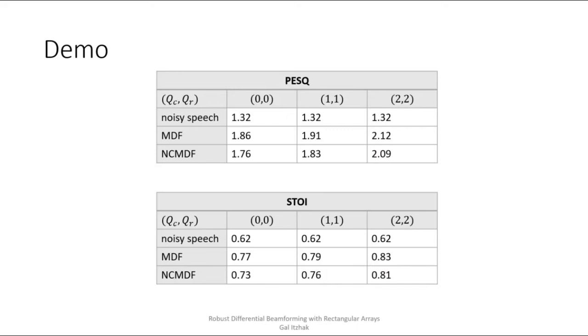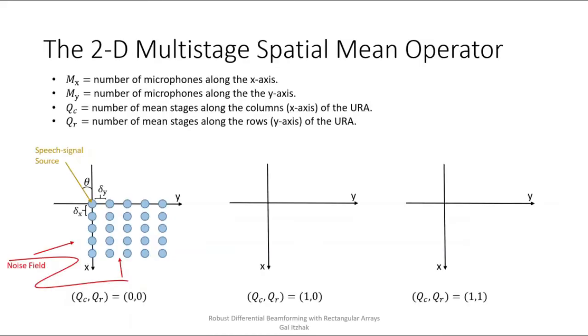And it's mostly stressed right here in the PESQ scores, in which we can see that with both beamformers, changing the configuration from QC and QR both equal 0 to the case in which both equal 2 yields an improvement of approximately 0.3. So let's demonstrate how the two-dimensional spatial mean operator works.